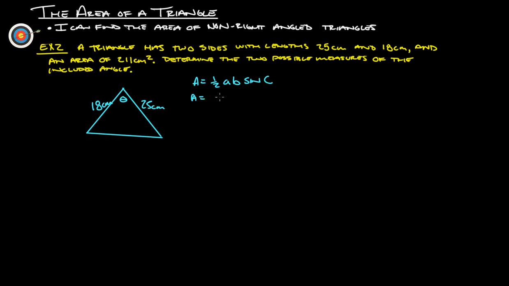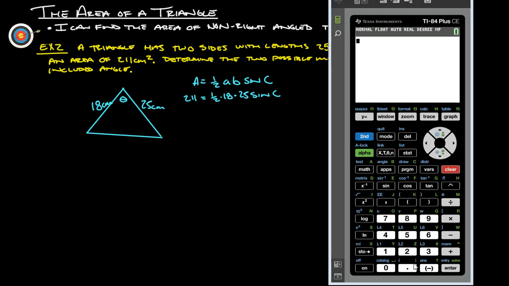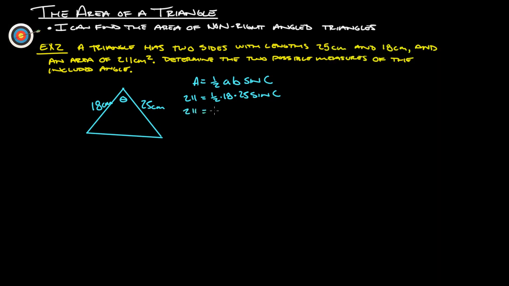So in this case, we actually know the area: 211 centimeters squared equals 1/2 of, say, 18 times 25 sine of C. So what we've got to do is figure out what this here is, and we will be able to solve for sine C. Okay, so let's do 0.5 times 18 times 25, and that gives us 225. So we get 211 equals 225 sine C.